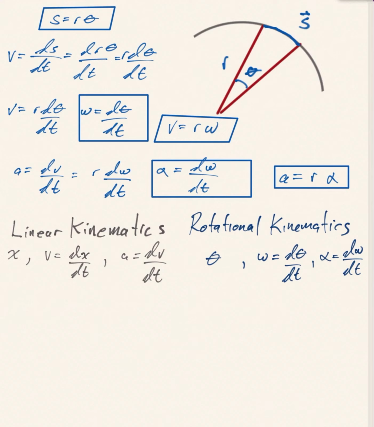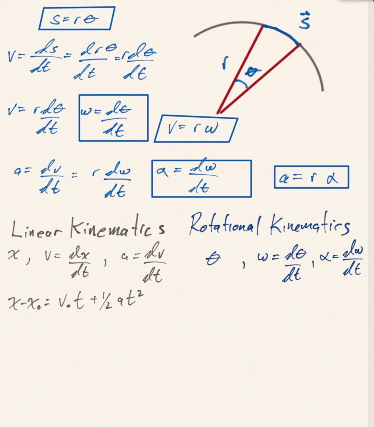We had some interesting equations that were very useful. For instance, we had that some displacement x minus x0 is equal to your initial speed times time plus 1/2 your acceleration times time squared.